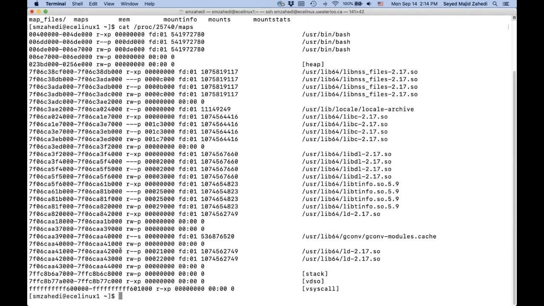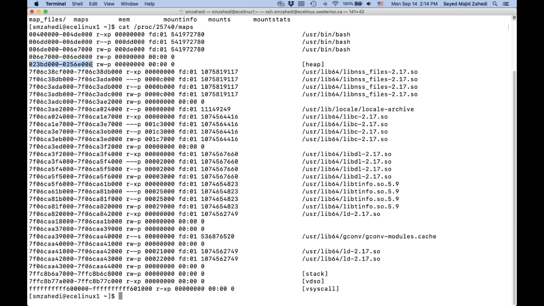If we look at this, it's upside down, from the start of memory to the most significant bits of the memory. So at the bottom, you see the code for bash. Then I have the heap. It's showing me from this address to this address.